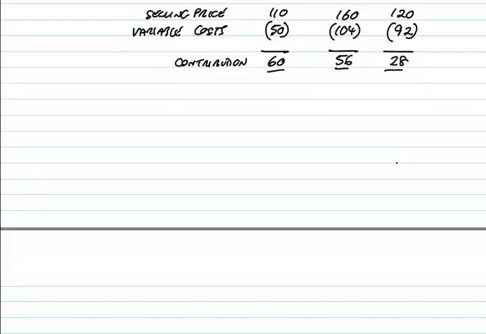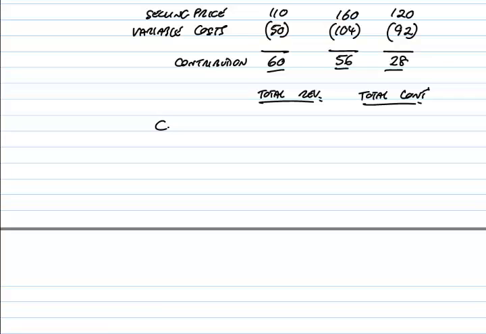Now I know the contribution, we can work out in total what the total sales revenue is going to be and the total contribution. So let's hope I can get my arithmetic right.